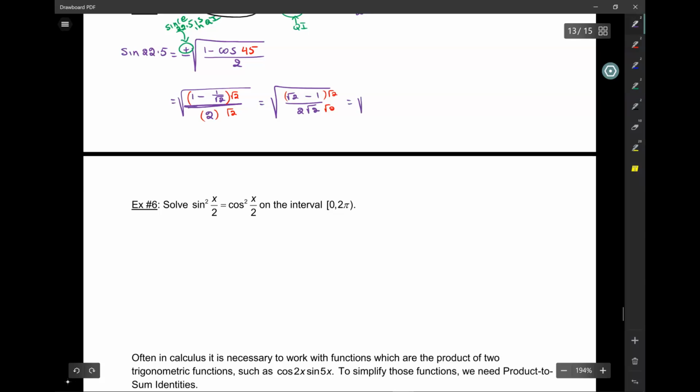So here I get the square root of 2 minus root 2 over 4. And now this is the square root of, you can split up the root, 2 minus root 2 over root 4, which is 2.